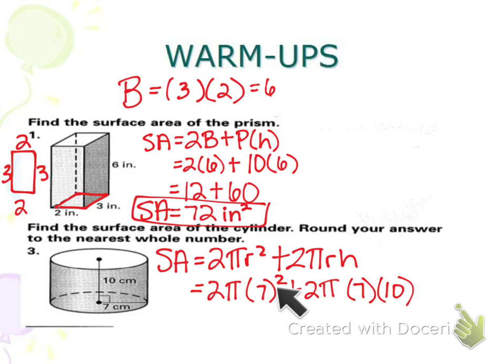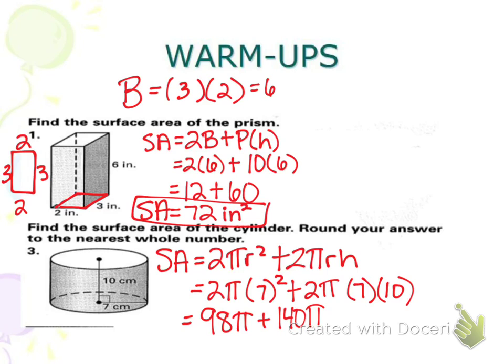7 squared is 49 times 2 is 98. Plus, we've got 2 times 7 times 10, 140.